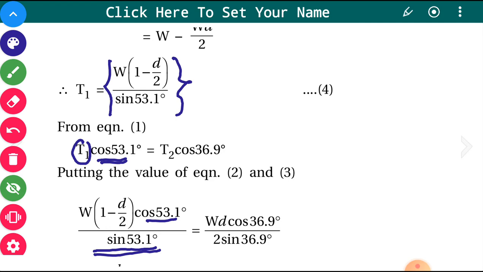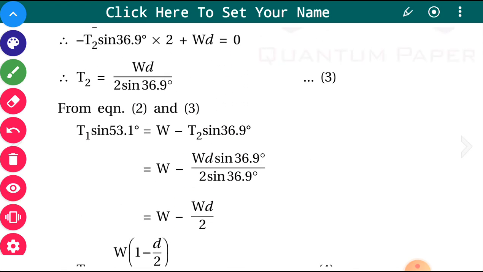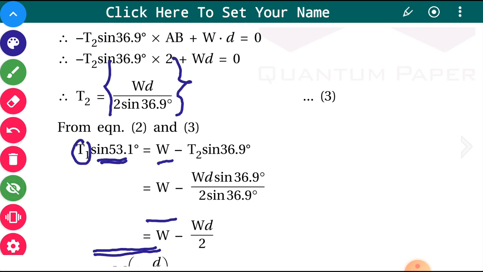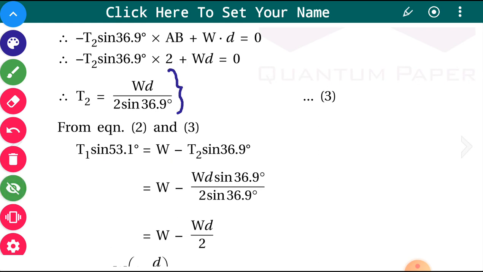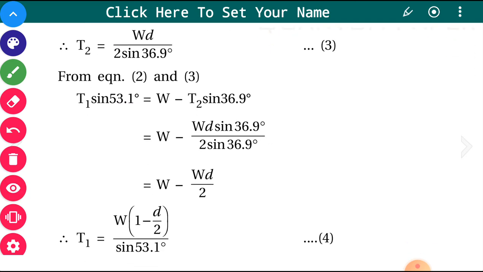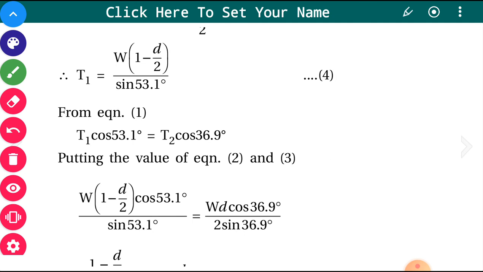And instead of this T2, we have already obtained the value of T2, that is WD upon 2 sin 36.9, and cos 36.9 remains as it is.